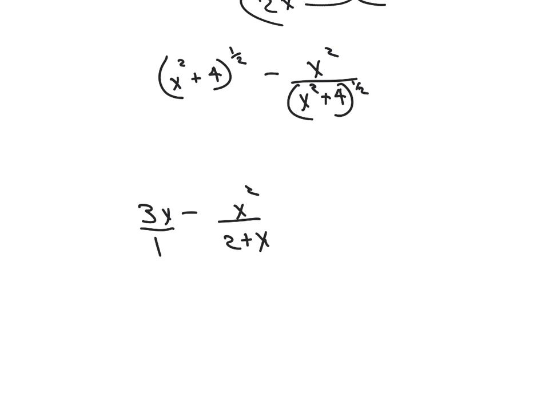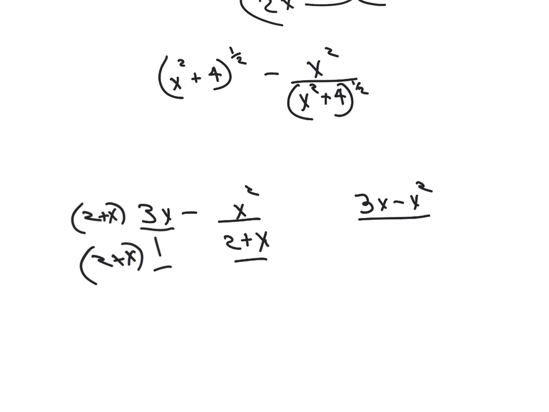What we're missing here that I have over here is a 2 plus x. So I'm going to multiply top and bottom by 2 plus x. And that gives me common denominators of 2 plus x. And then I can write the top all over 2 plus x, okay?